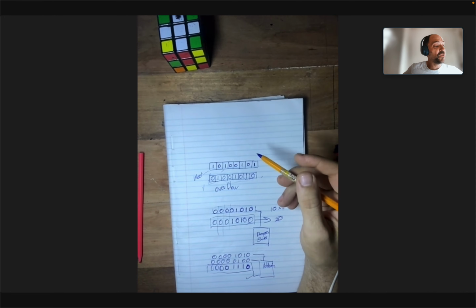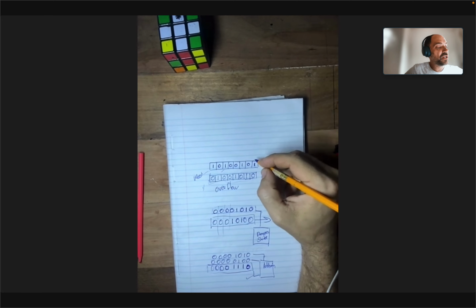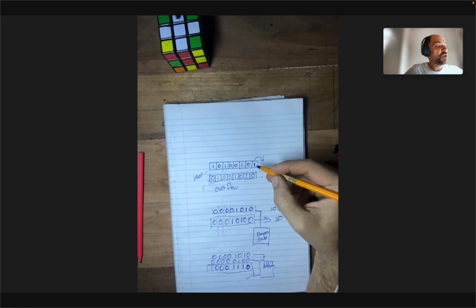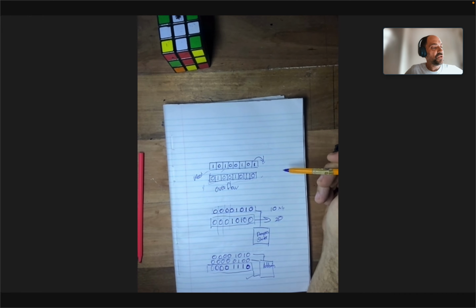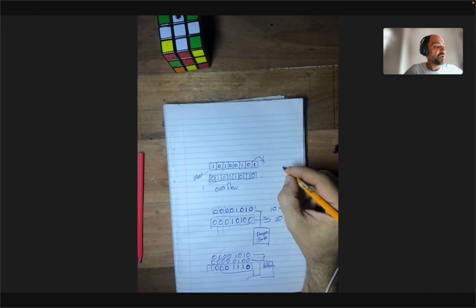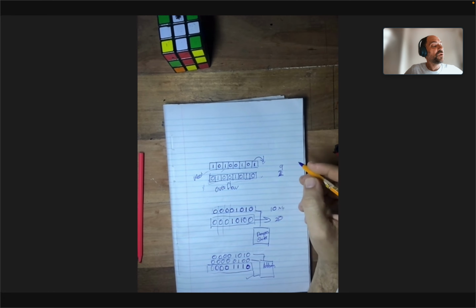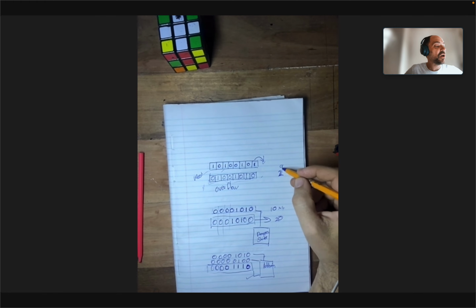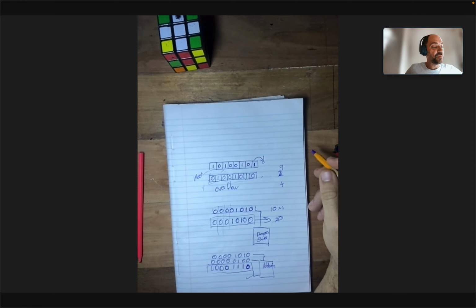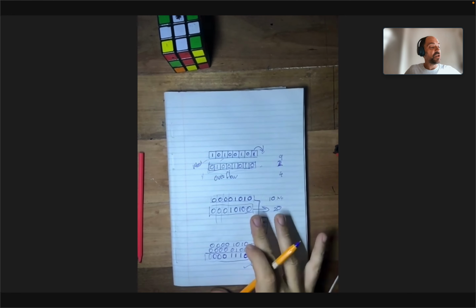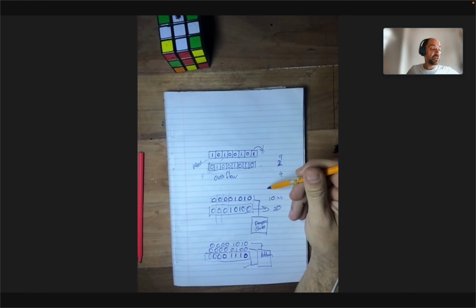And of course the overflow could go the other way. If you had to try and divide this number by 2, you would lose this 1. Okay, so what would happen if you lose the 1? Well, let's say the number that you wanted to divide by 2 was 9. 9 divided by 2. Because you're losing this 1, you're going to lose the remainder. It will tell you that the answer is 4. But we know the answer isn't 4 because the remainder has been lost. Okay, so that's how you will lose, and this is also an overflow, but in the other direction.